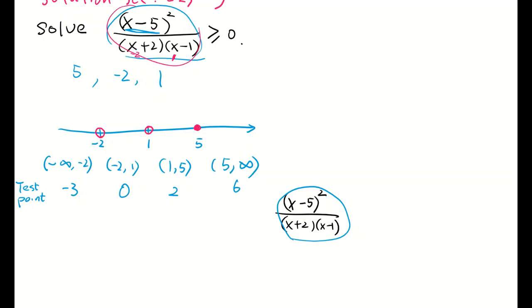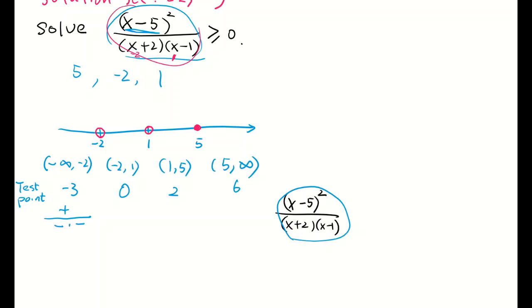First plug in negative 3 into that expression. The top will always be positive here, so negative 3 minus 5 squared is positive. At the bottom, negative 3 plus 2 is negative, times negative 3 minus 1, negative.